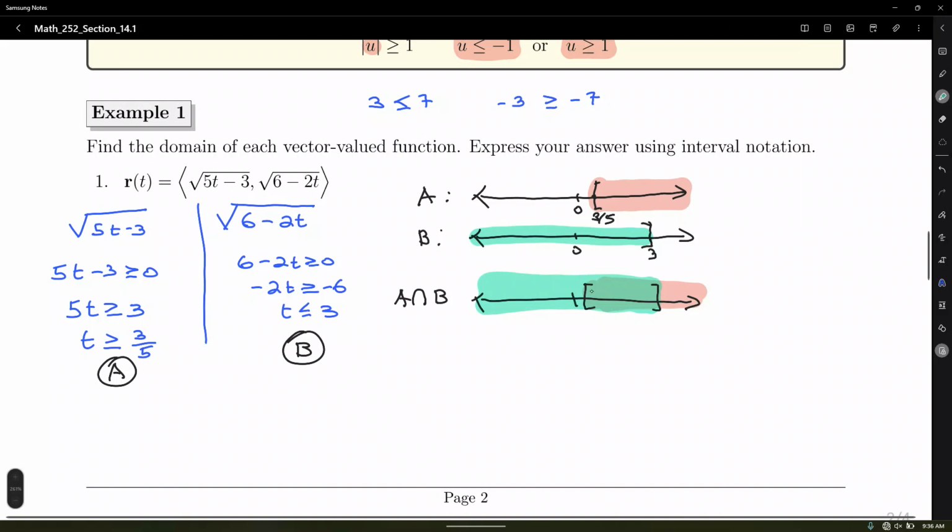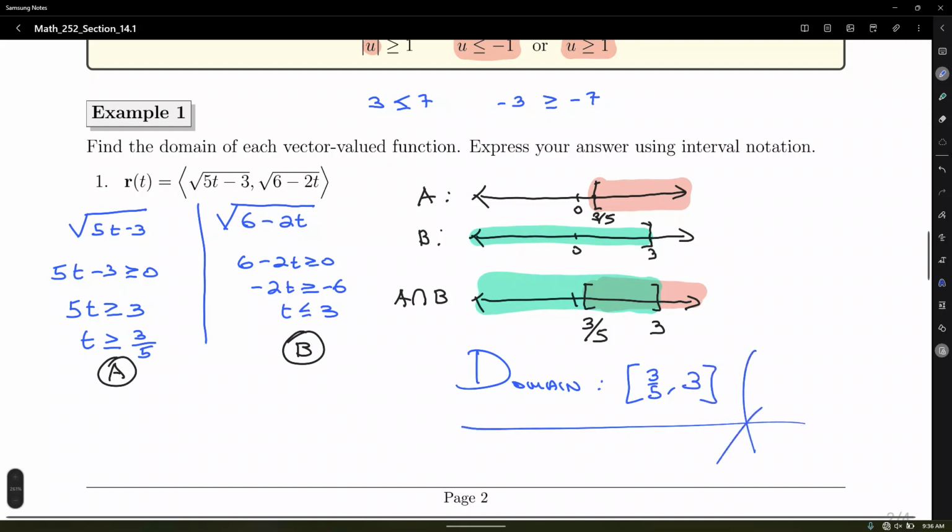In this case, the domain of the vector valued function will be where the green color and the pink color kind of blend. That is, between 3/5 and 3. So the domain using interval notation is [3/5, 3]. All right? So that's our domain of the function.